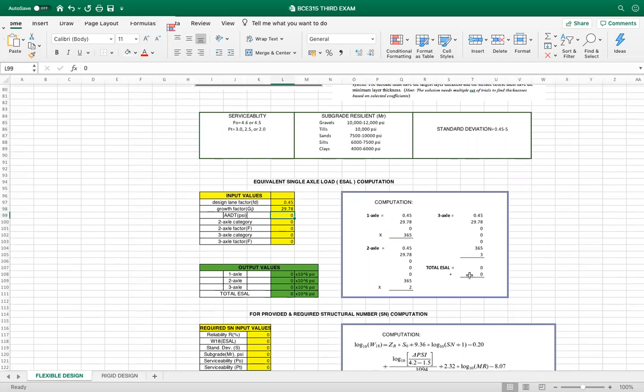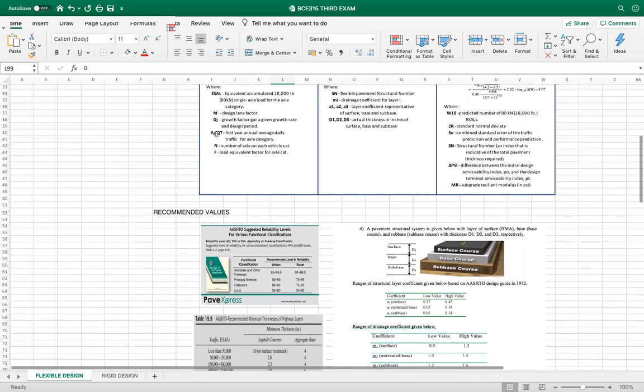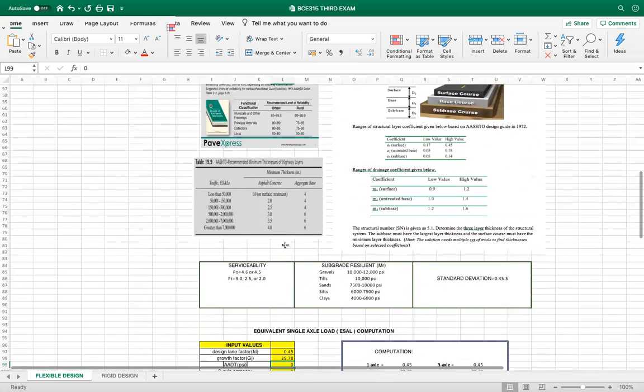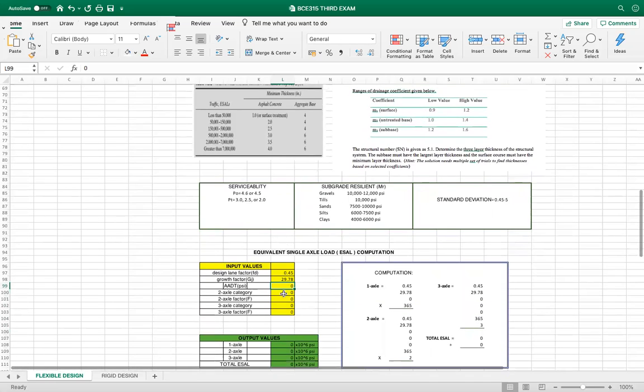And the AADT, the annual average daily traffic, is 120,000, sorry.